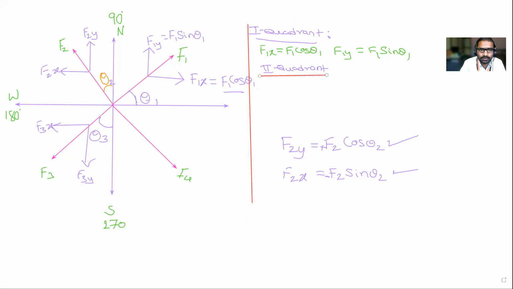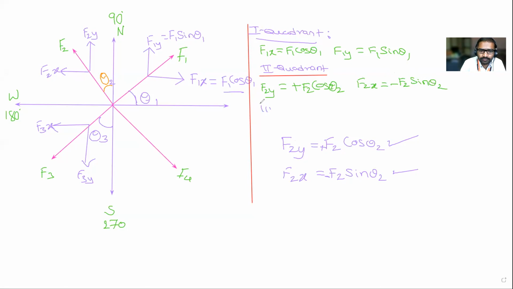Now tell me F2x, F2y. First we will write the cos component, that is F2y. F2y is equal to plus F2 cos theta 2. Next, F2x is equal to minus F2 sin theta 2. Okay.